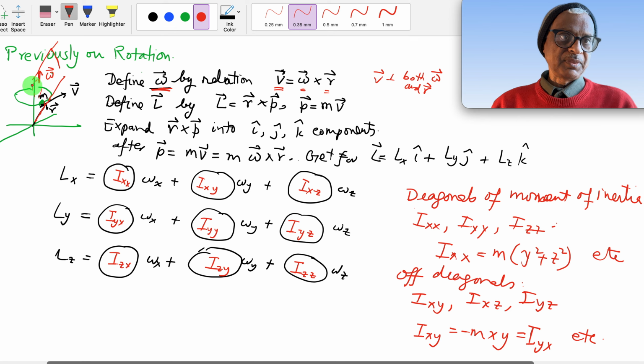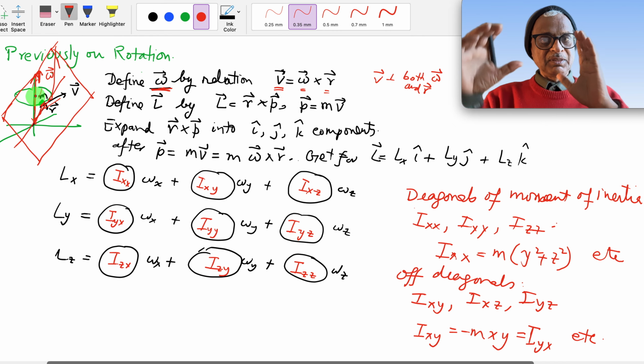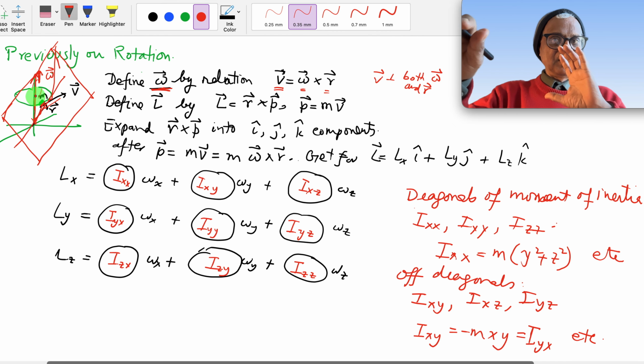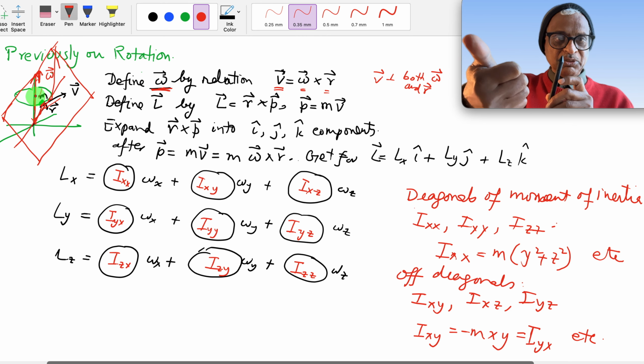So there's this plane that we can extend, if you like, into 3 dimensions, and V is perpendicular to that plane. The omega vector is this direction and the r vector is that direction, forming a plane, and V is perpendicular to that, and you use the right hand rule to figure out which way V will be.